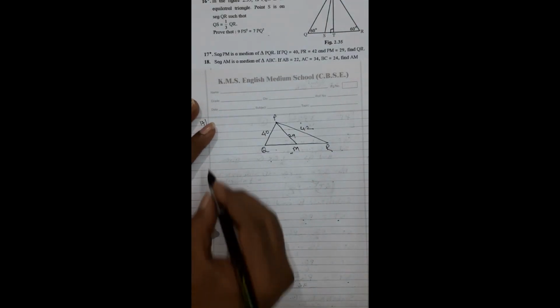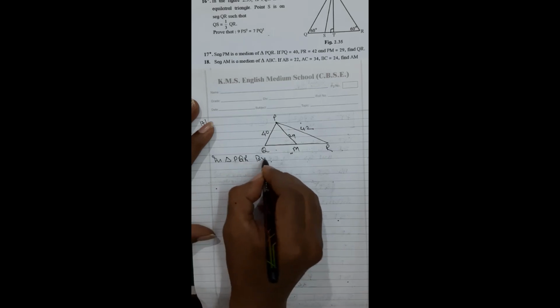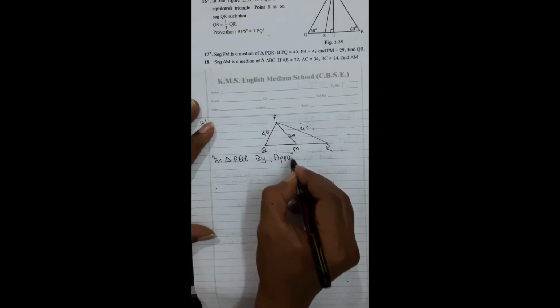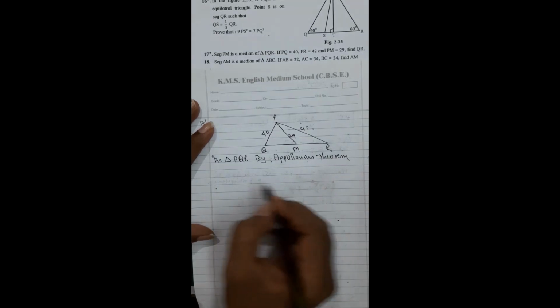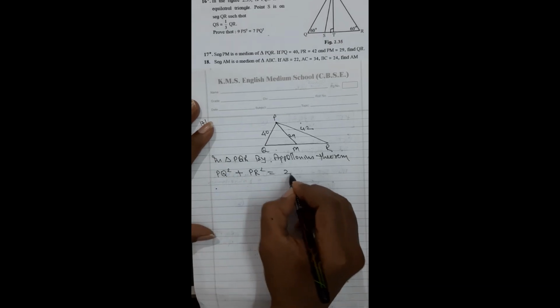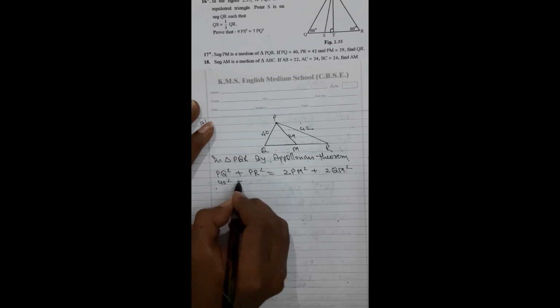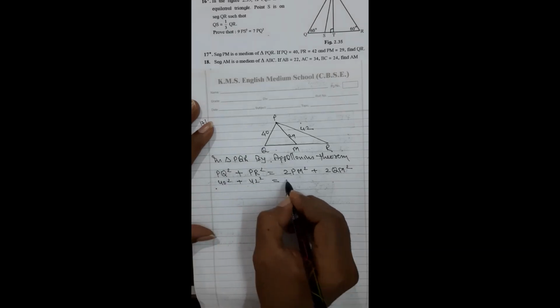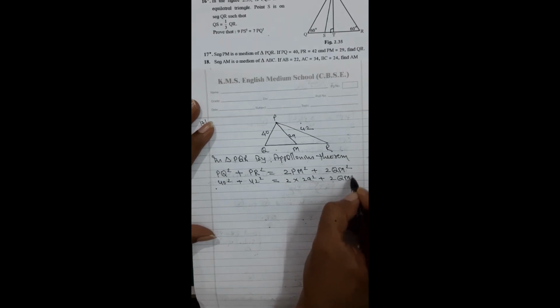Because in triangle PQR, by Apollonius theorem straight, what you get is PQ square plus PR square is equal to 2 PM square plus 2 QM square. Fine. So PQ square plus PR square, PQ is 40 square plus 42 square, equals PM is 29 square plus 2 QM square.